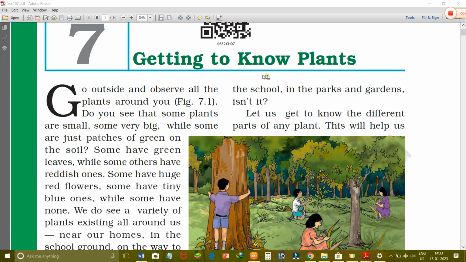Getting to know plants. Go outside and observe all the plants around you. Do you see that some plants are small, some very big, while some are just patches of green on the soil?